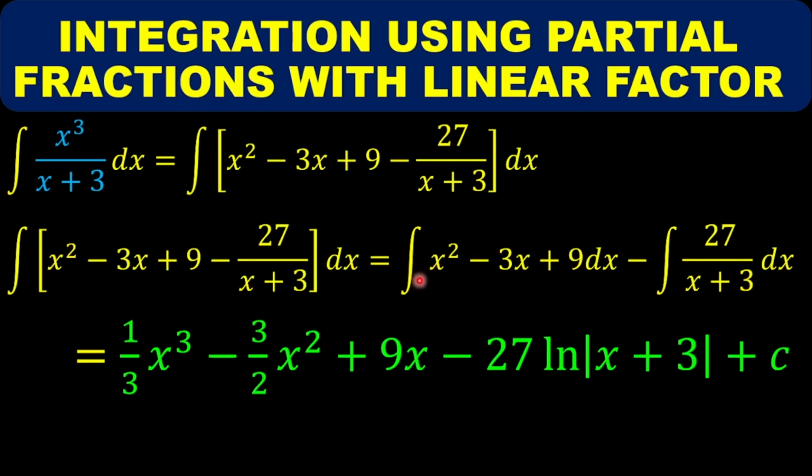The integral of x squared is obviously 1 over 3 x cubed, and then minus the integral of 3x, that will give us 3 over 2 x squared, and then the integral of the constant 9 will give us 9x, then minus. So this was the reason I laid the foundation for part 1 and part 2.